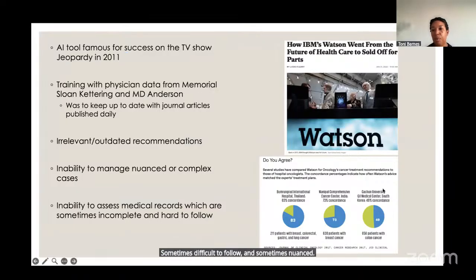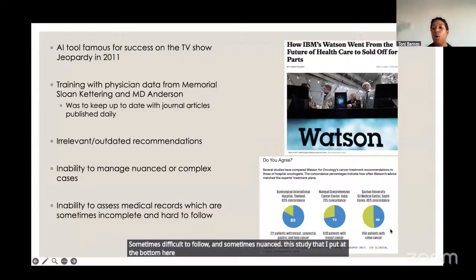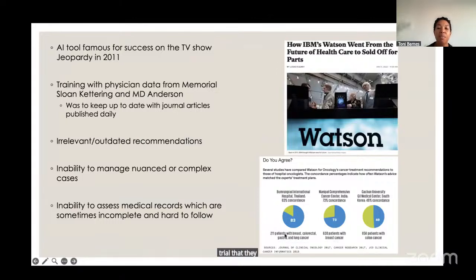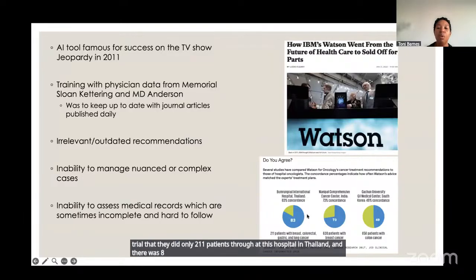This study that I put at the bottom here shows concordance between Watson and expert oncologists at different institutions. You can see that sometimes there is high concordance, like with this trial that they did, only 211 patients though at this hospital in Thailand, and there was 83% concordance.